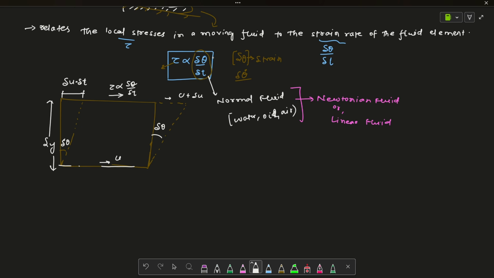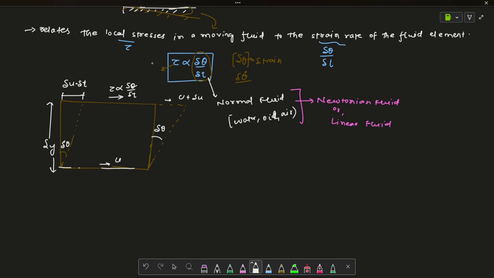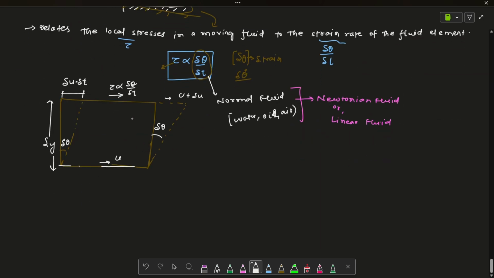This name comes after Sir Isaac Newton, who first postulated these things according to the resistance law, like when fluid is flowing and some resistance occurs. I told you that initially in the definition itself: some fluids feel more resistance during their flow, and some fluids face less resistance during flow. According to that, Newton gave his resistance laws. So the fluids that follow this linear relationship, or Newton's resistance law, are known as Newtonian fluids or linear fluids.